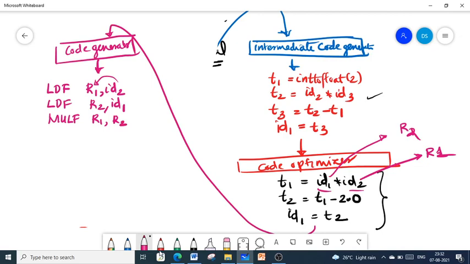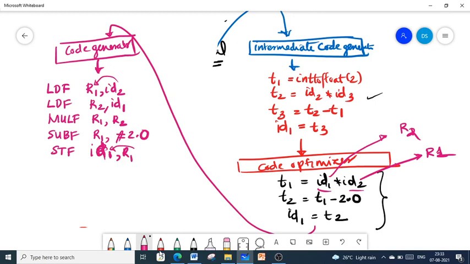From that value, 2.0 is to be subtracted. So sub f r1 comma hash 2.0. Then store the result to id1, store f id1 comma r1, because the movement of content from register r1 to id1 is to take place.